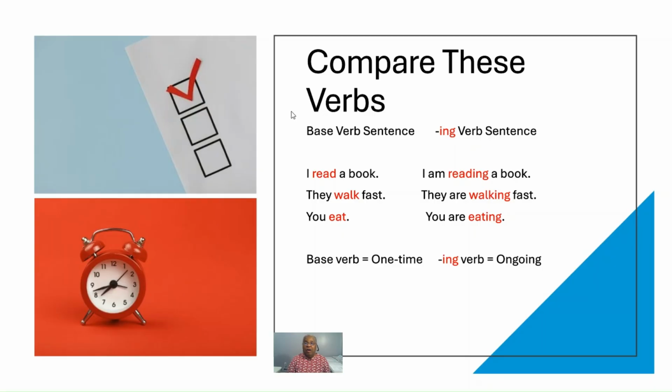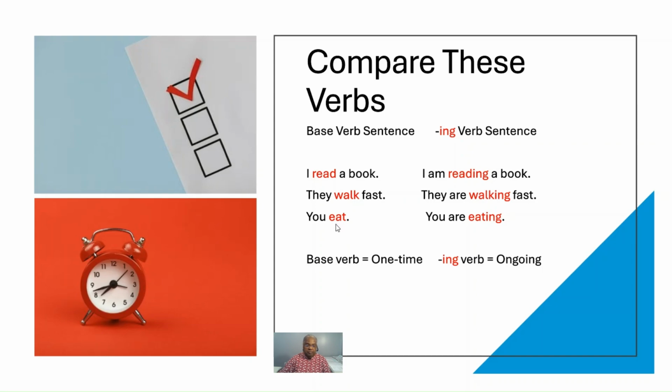Base verbs versus ing verbs. What is a verb? A verb is a word that shows action. Example: read, walk, eat.